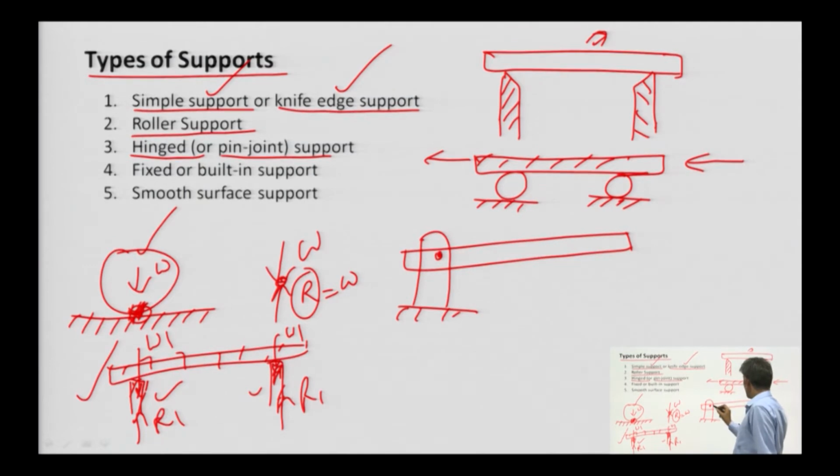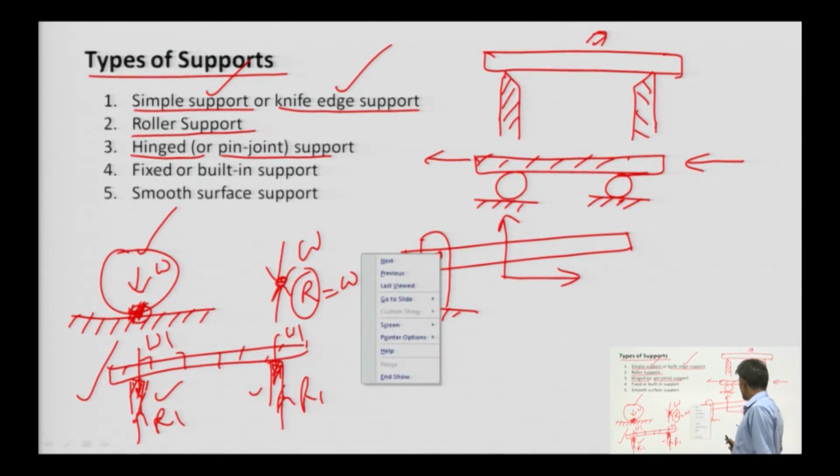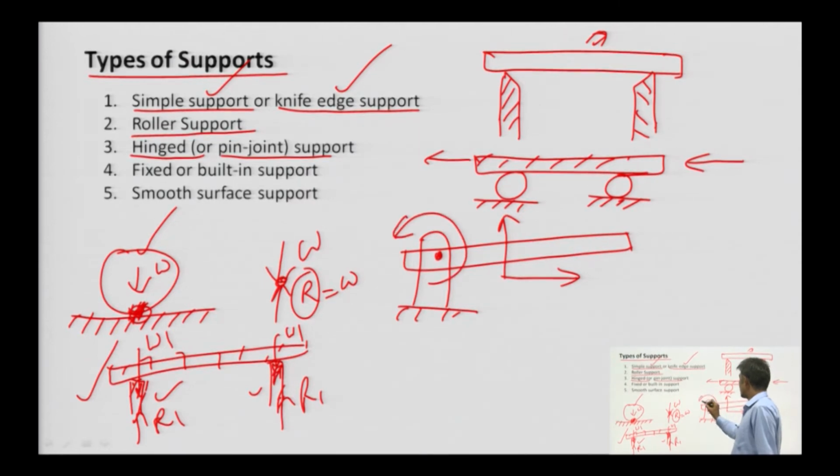This bar can neither be displaced in this direction, nor in this direction, but this bar is free to rotate at this point. So this is the hinge support. In our door, the door is rotating at this surface, and that is why it is hinged.